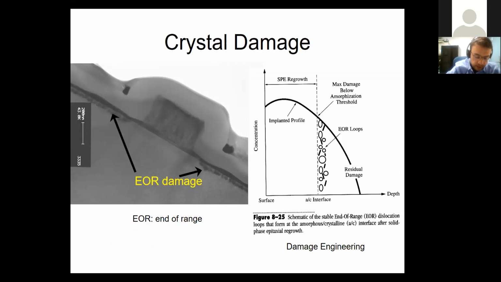We see that at the end of the ion implantation, I can clearly see that it's no longer a crystalline structure. Why? Because all that damage, end of range damage, that's what we call it, amorphized it. That portion of the lattice became amorphous.